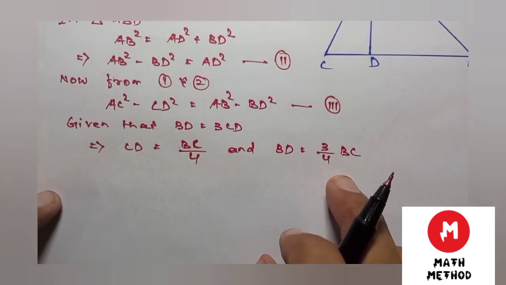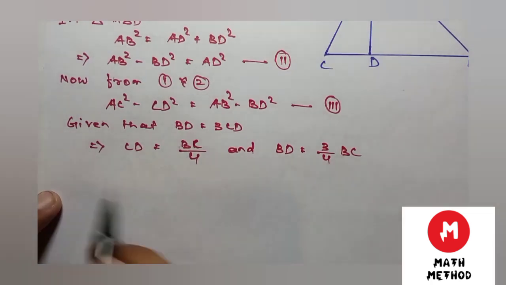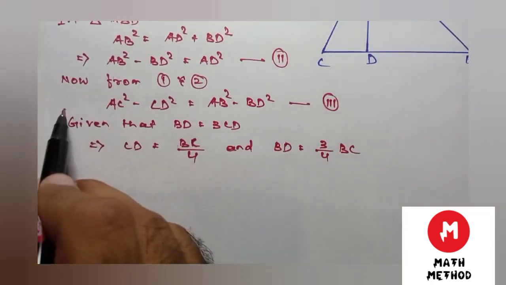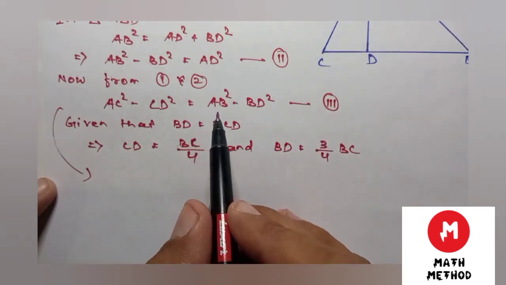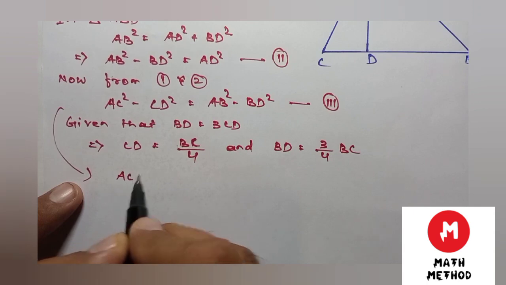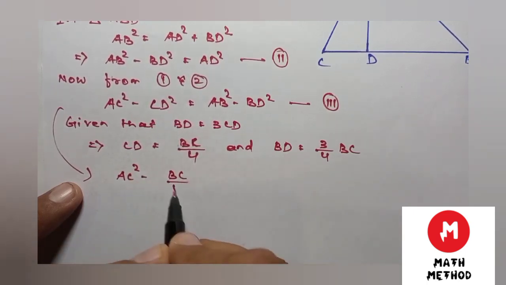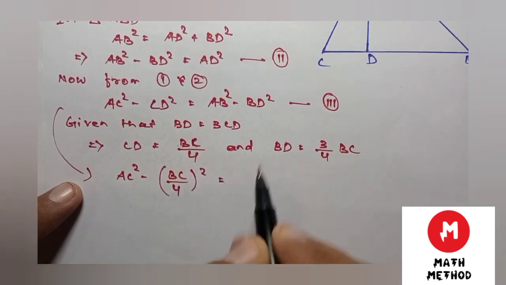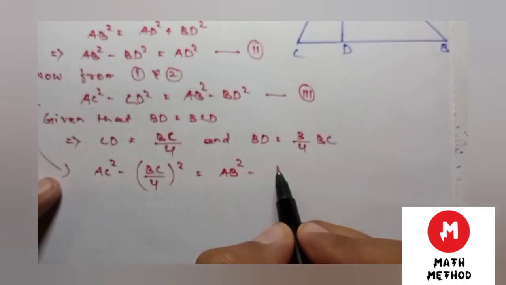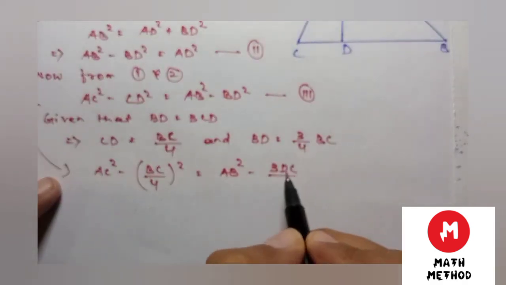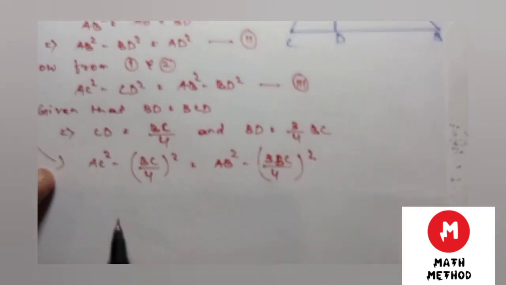Now we will put the values of CD and BD in equation 3. We will get AC square minus, here CD is equal to BC by 4 whole square, is equal to AB square minus 3BC by 4 whole square.